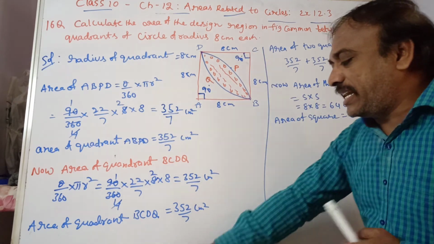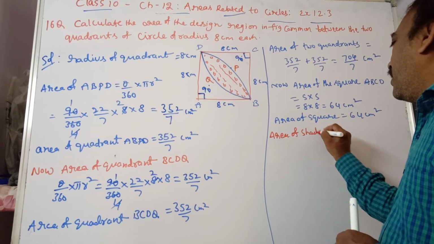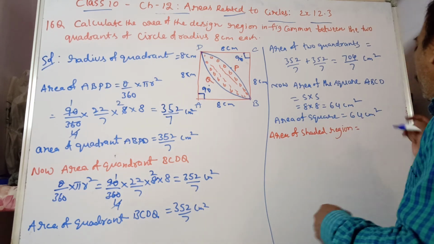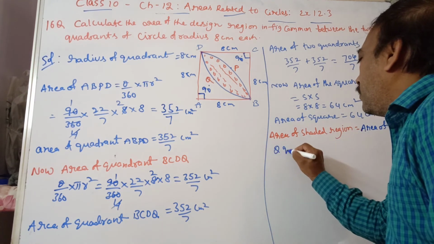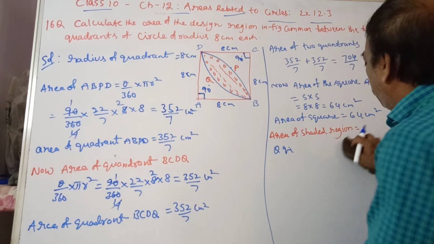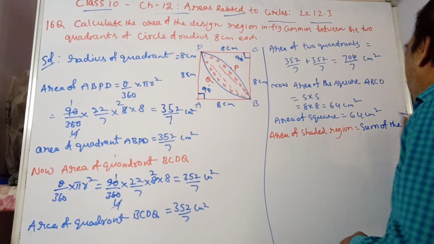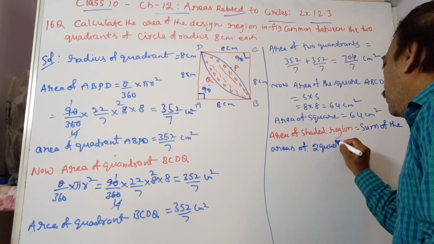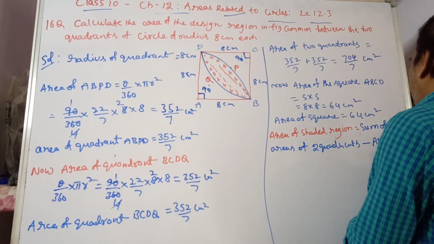So area of the shaded region is equals to sum of the areas of two quadrants minus area of square.